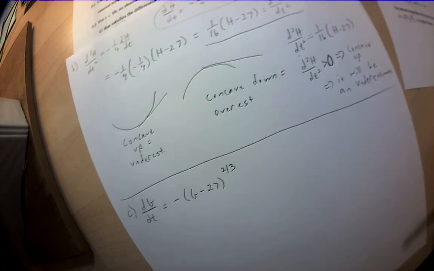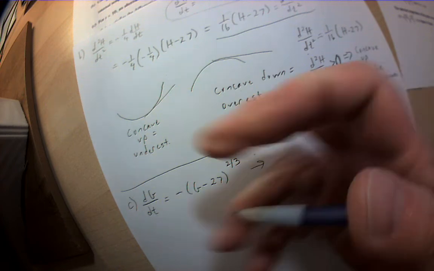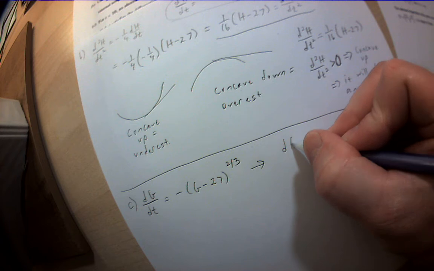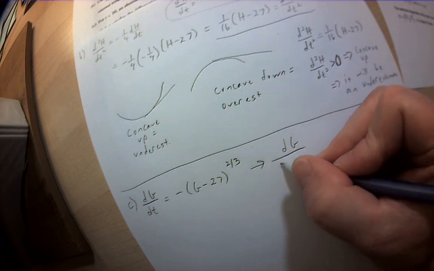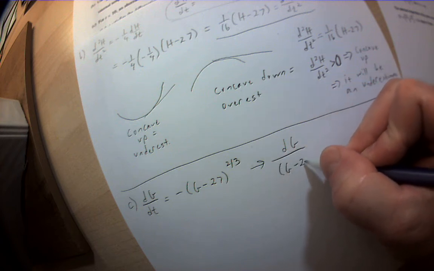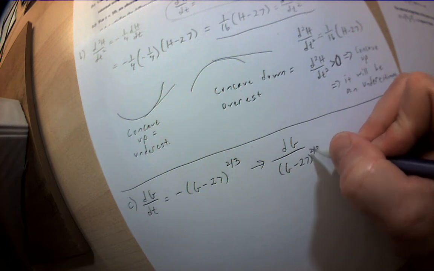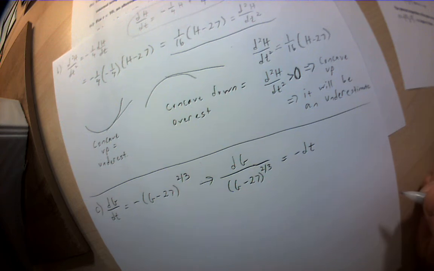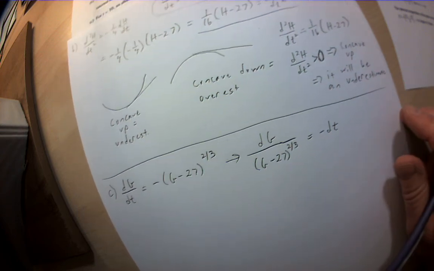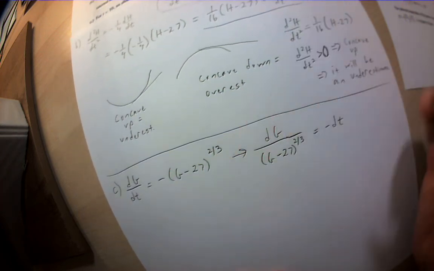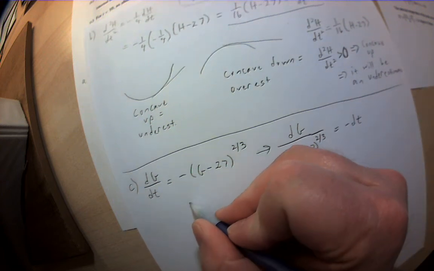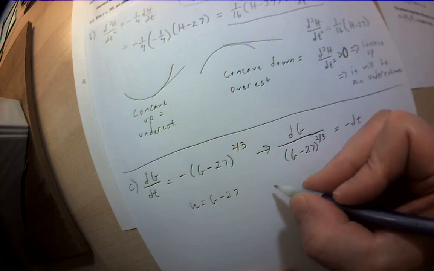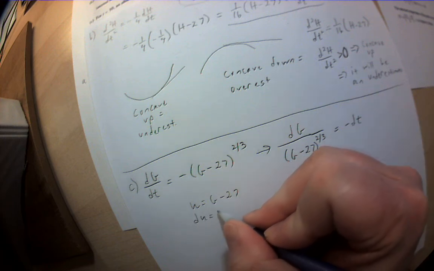Okay? So I'm going to separate variables. There's nothing but g here, so it's going to go to the other side. I'm going to get dg over (g minus 27) to the 2/3 equals negative dt. Okay? I'm going to do a little u substitution. u equals g minus 27, so du equals dg.